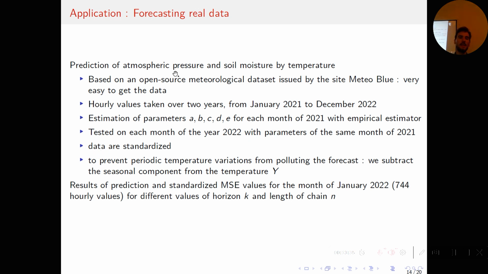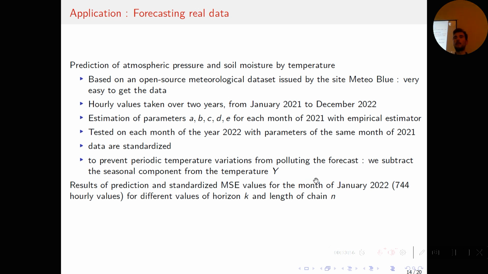Data are standardized, and to prevent periodic temperature variations from polluting the forecast, we subtract the seasonal components from the temperature, Y. I'm going to present some standardized MSE values, and the results of the prediction on graphs.